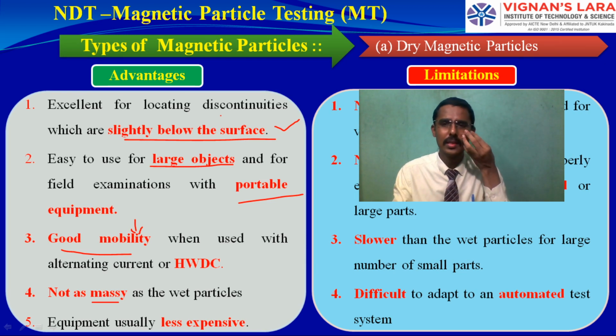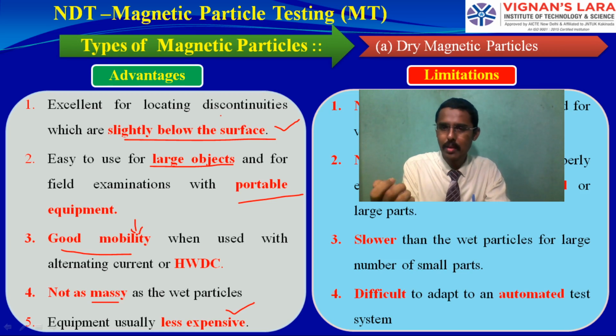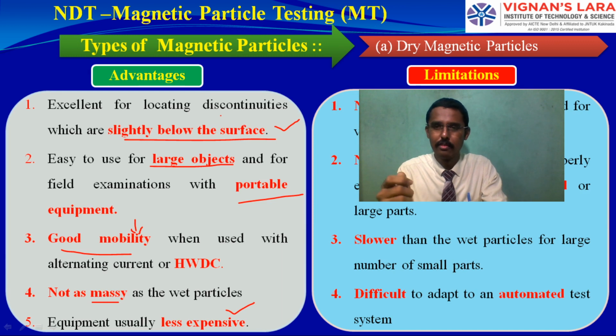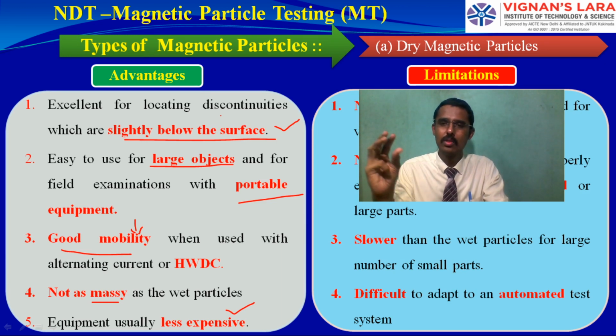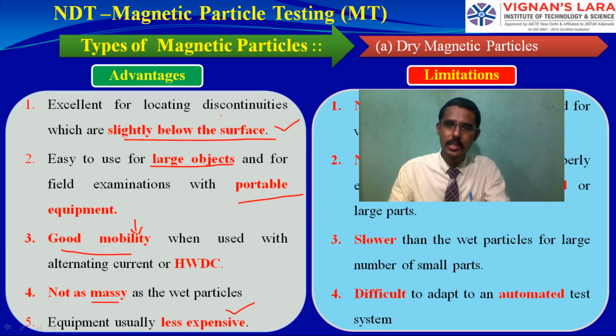So that is some mess. Equipment is usually less expensive. Yes, we are using only a probe and powders. Sometimes some equipment like pie gauges and magnetic field indicators will be used, to find out the presence or absence of magnetic fields, whether it is magnetized or demagnetized. So these are some advantages.